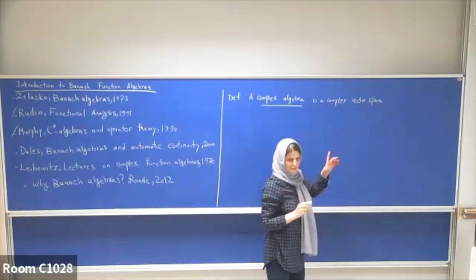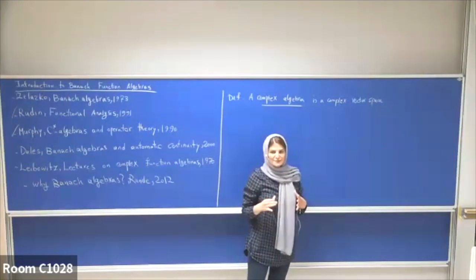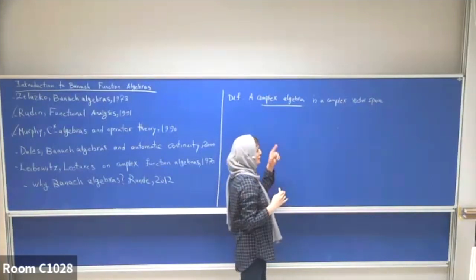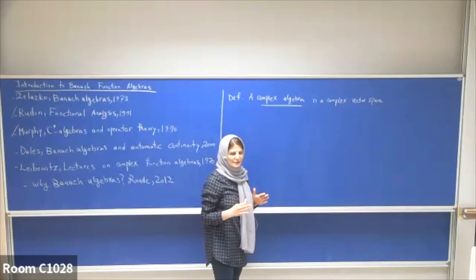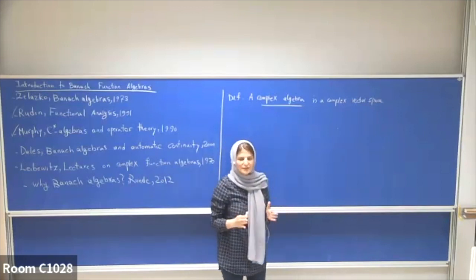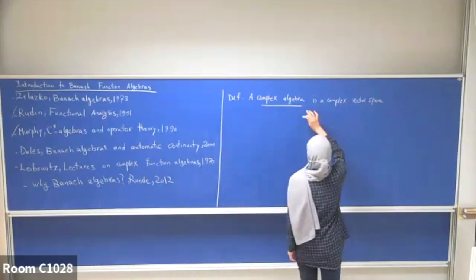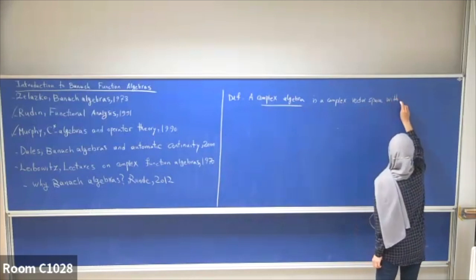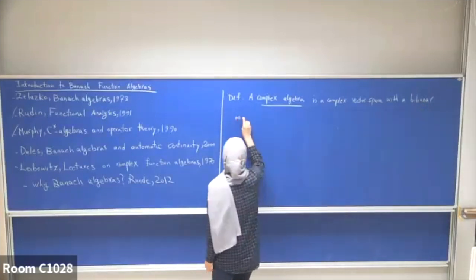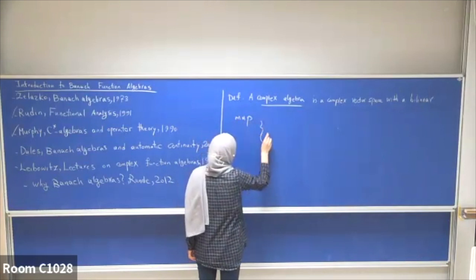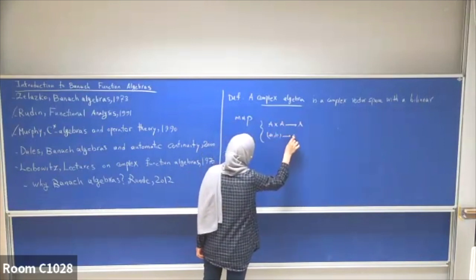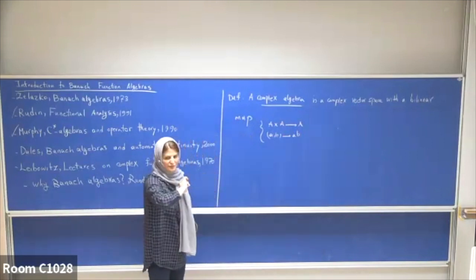So when we have a vector space, we have addition and also a scalar multiplication between the elements of A. But with an algebra, we need to define another operation, which is multiplication between the elements of A. More precisely, this multiplication is actually a bilinear map from A times A to A, which takes pairs A and B to AB, such that we have the associative property.